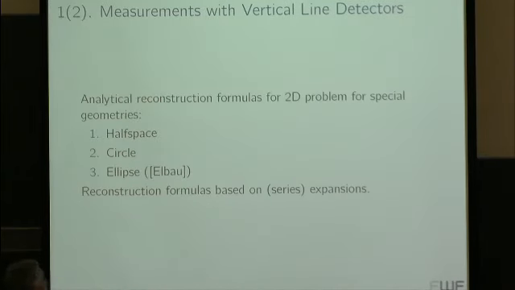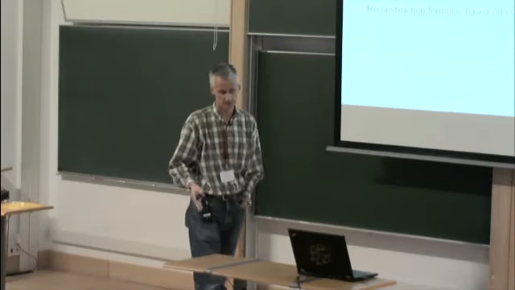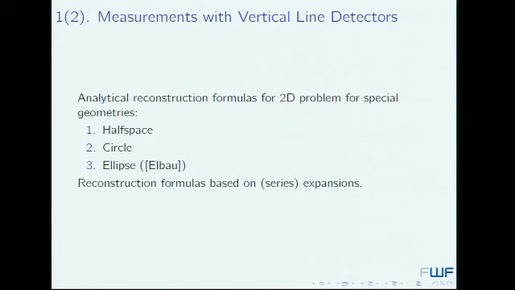Then you can get reconstruction formulas, but they are very much dependent on the geometry which you are using. You can use a half space, so you measure on the boundary of omega, where omega is the half space and the boundary of omega is just the coordinate axis.